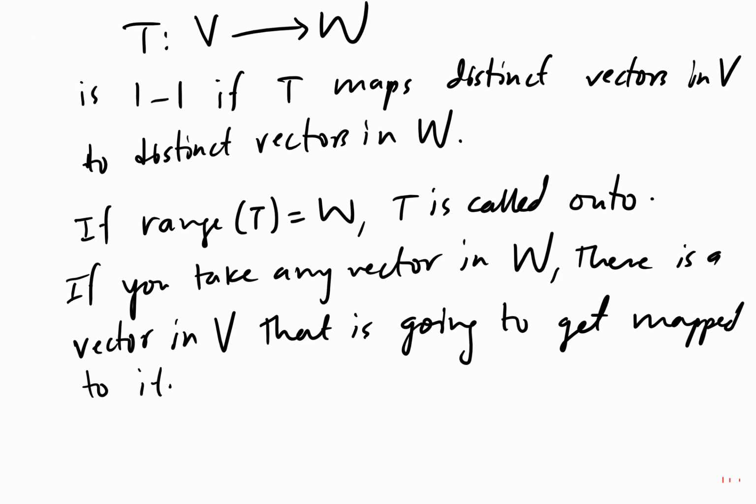You will find a vector in V that gets mapped to that vector in W. I'm going to show you very simple examples using mappings for now, and then you can tell me if this is good or not.